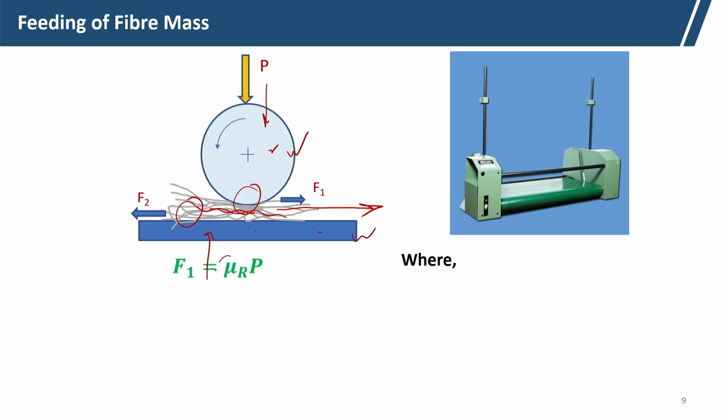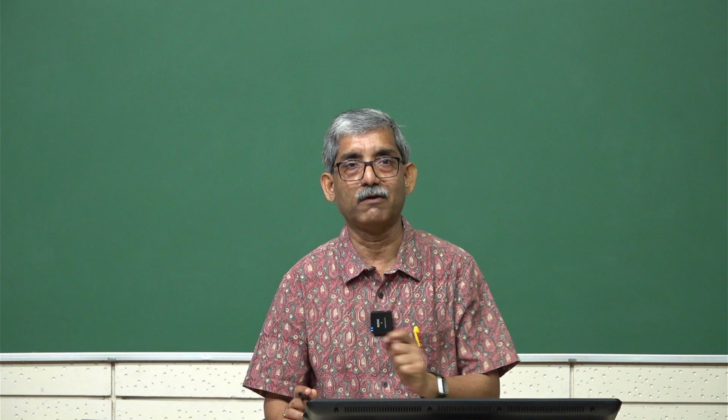F1 is mu r P. P is the top pressure, the feed roller pressure, which is pressing the fiber bed against the feed plate, and when the roller rotates anti-clockwise it will push the fiber along with it due to the frictional force F1.